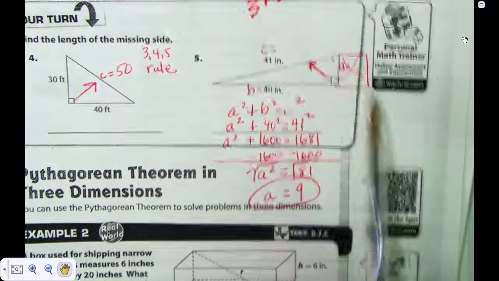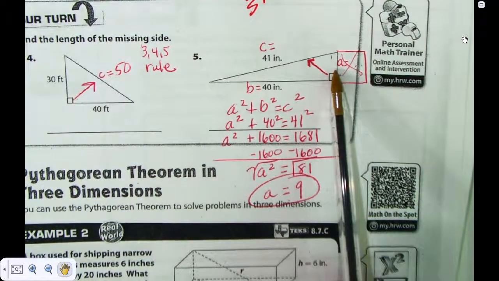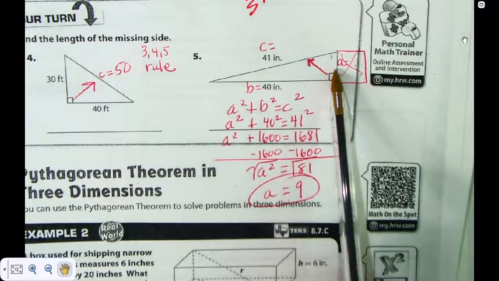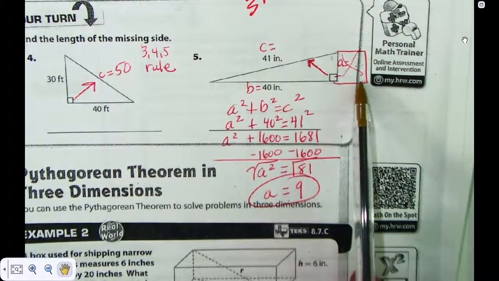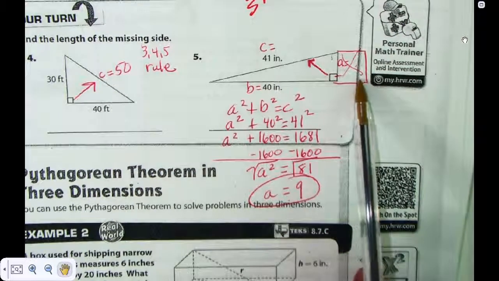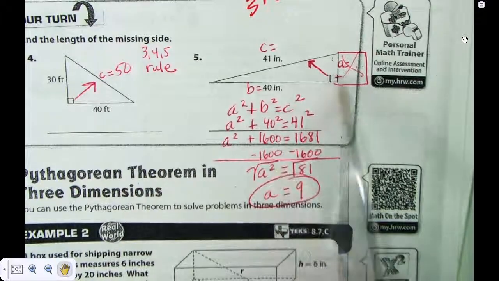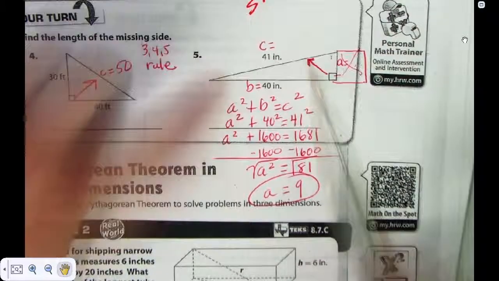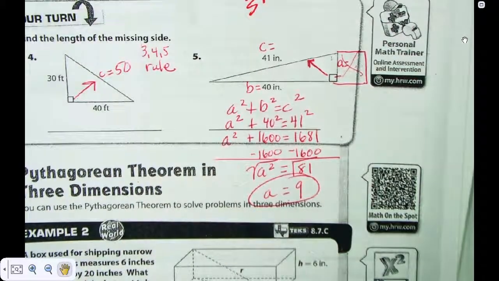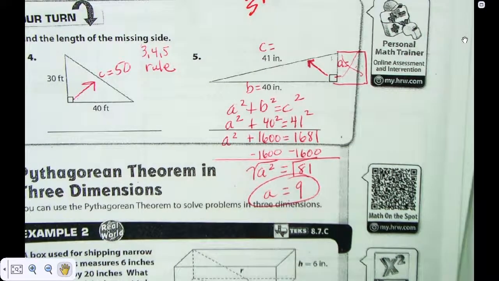I say, could that side be 81? Well, that's what I got. Well, if that's the longest side, could that be 81? Well, that's what the calculator gave me. Guys, you got to think. If 41 is the longest side, it's going to be the biggest number. So you got to check.